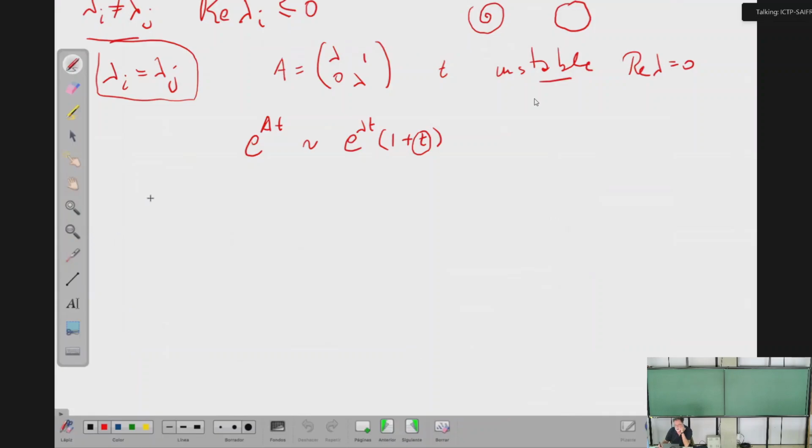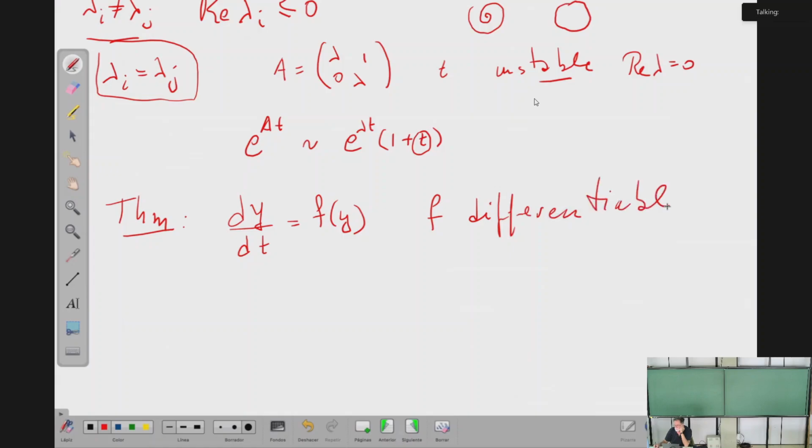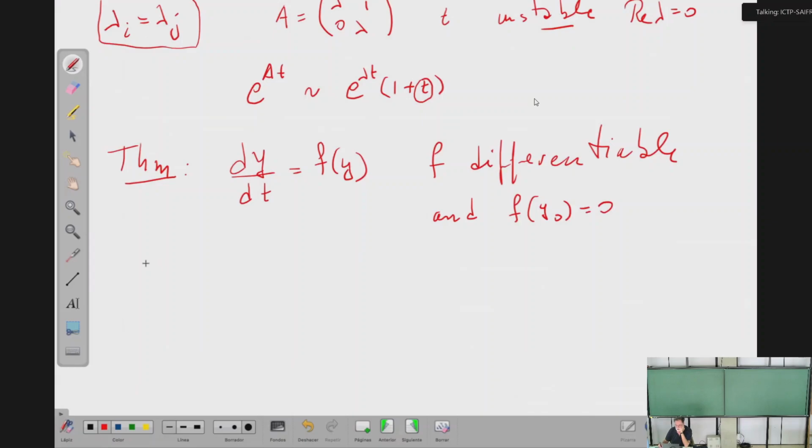There is a theorem that says, given a system like this, F differentiable and F of p not equal to 0, then you study the perturbation system, so this in coordinates is like this.